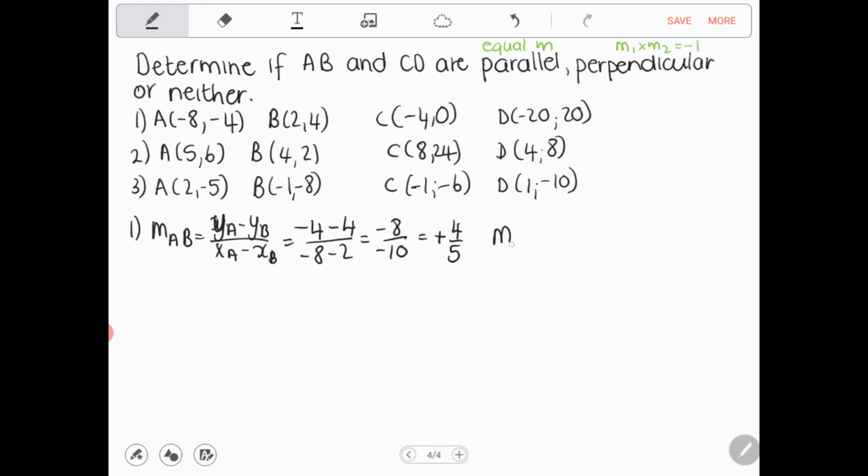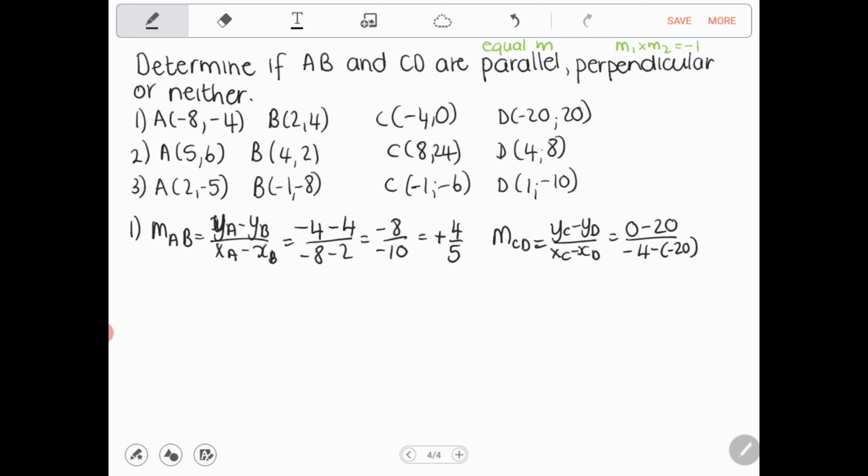Okay, what about the gradient of CD? Well, the y at C minus the y at D over the x at C minus the x at D, and we're going to end up with 0 minus 20 over -4 minus 20.